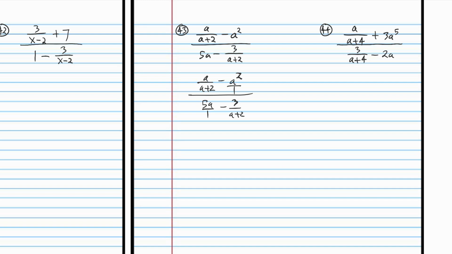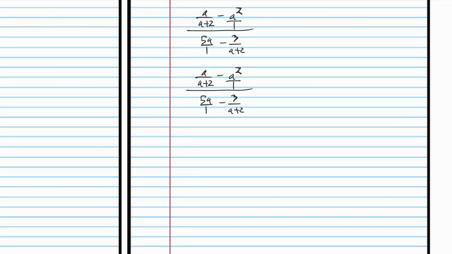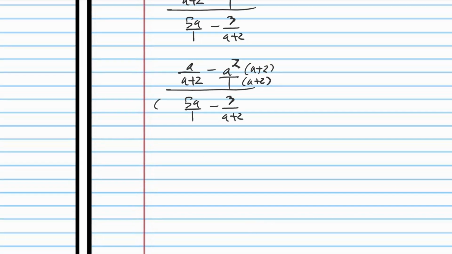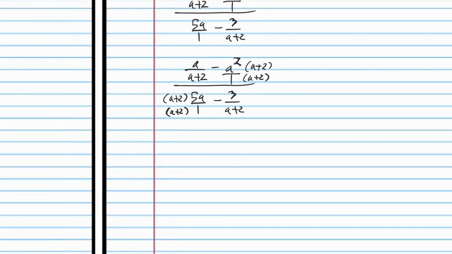So now we're going to multiply both sides of this fraction by a plus 2. Both sides of this fraction by a plus 2. And why are we doing that? Well, because it gives us the common denominator.